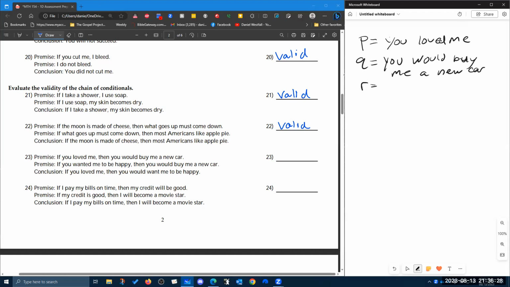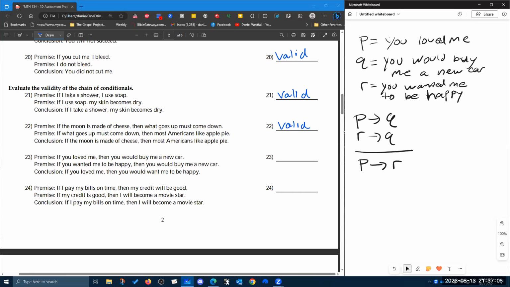And R is if you wanted me to be happy, you would buy me a new car. Conclusion, so if you loved me, you would buy me a new car. Conclusion, if you loved me, then you would want me to be happy.